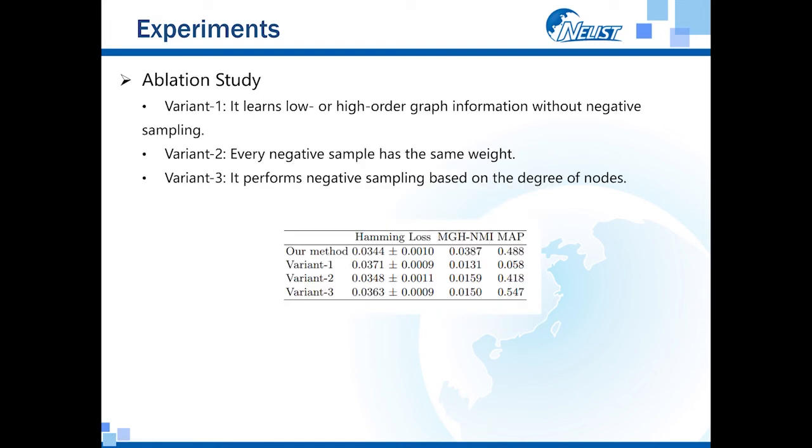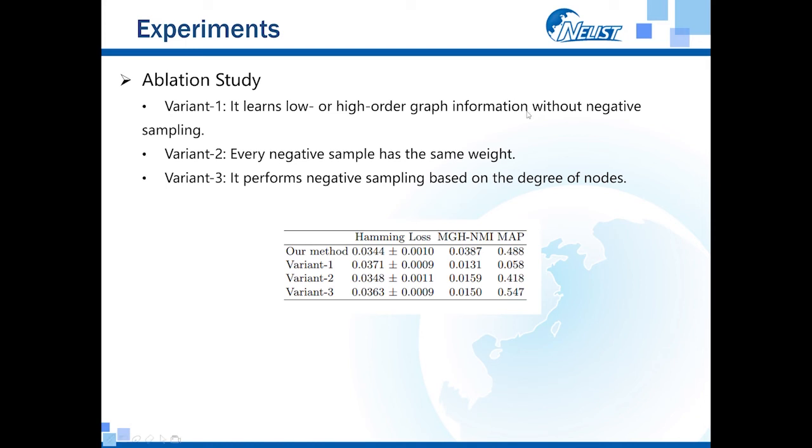Then, since we use distance-based negative sampling methods to improve learning representations, we investigate the contribution of the distance-based negative sampling to the performance. Some variants of our method are as follows.